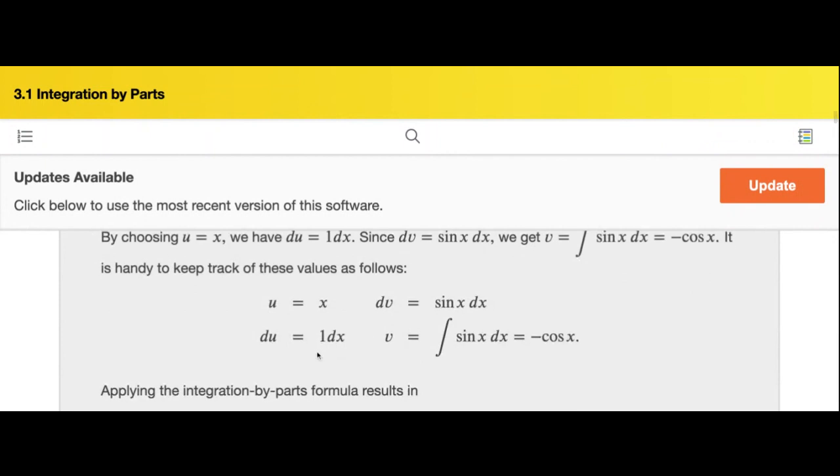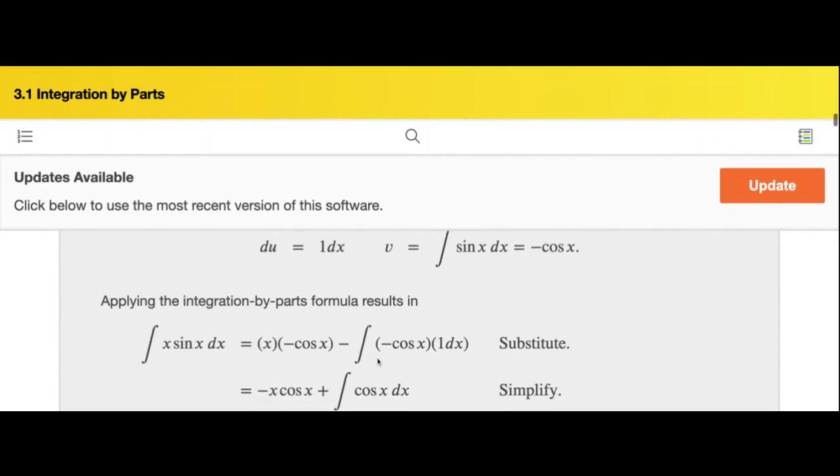Then we rewrite the integral of x sine x dx as the original function, u times v, where u is x and v is negative cosine x, minus the integral of v du. v is negative cosine x, du is just dx.